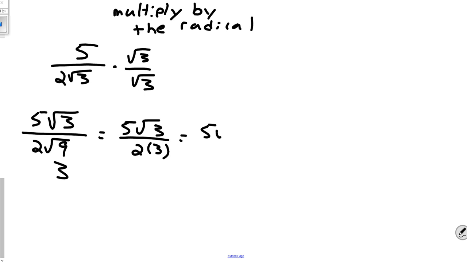I'll show all my steps; you don't have to write this all out. So that's why you rationalize the bottom. All it does is get rid of that radical sign.